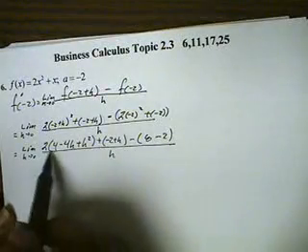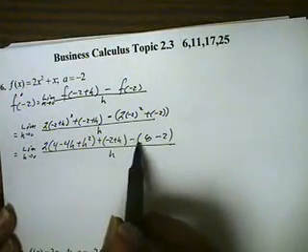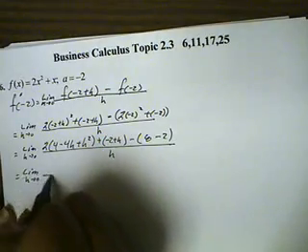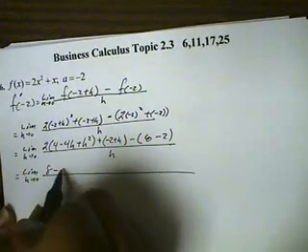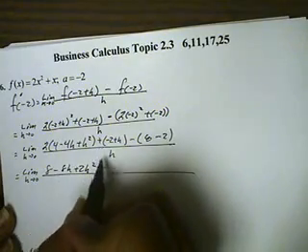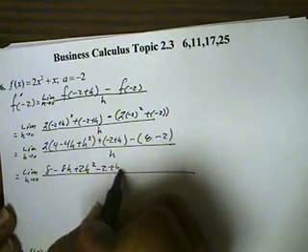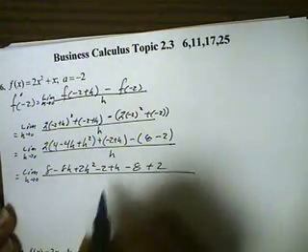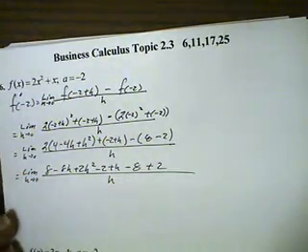Alright, then I'm going to distribute this 2 here and get rid of the parentheses and this negative. So we'll get 8 minus 8h plus 2h squared. This will be -2 plus h, and this will be -8 plus 2, all over h.